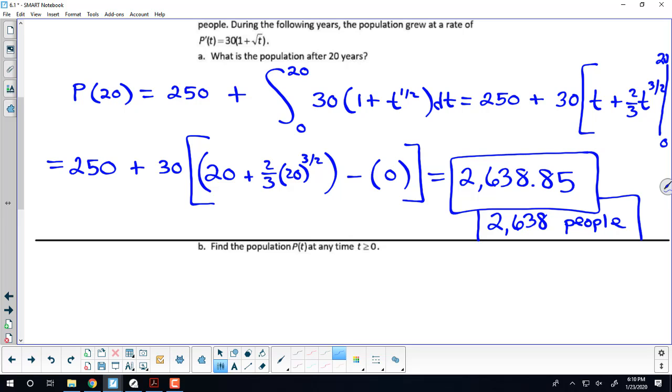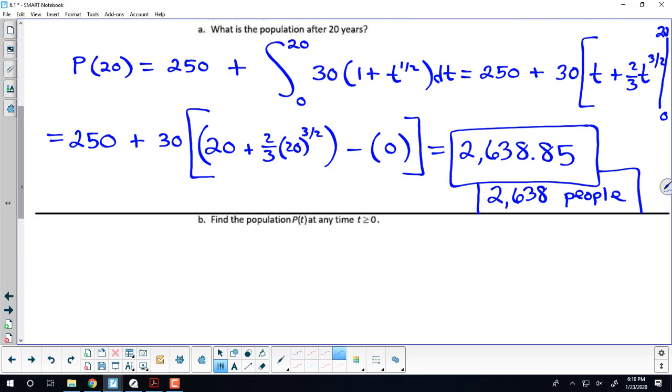Does that make sense? Hopefully it's nothing too terribly off from what we're doing. And then the population at any time, does anyone have a preferred method? Would you rather do the antiderivative and then solve for C, or do you prefer this method here? Does anybody have a preference?